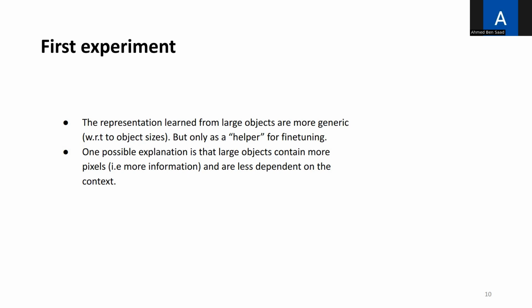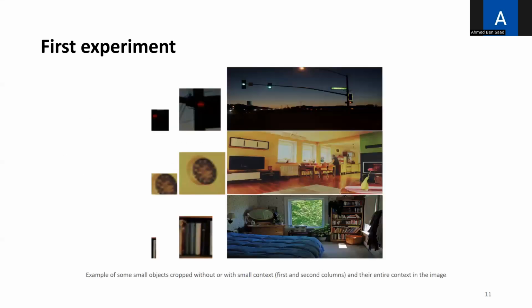We can do a quick visual experiment on this. If we take these three small objects, in the first row we take them without any context, in the second row with a small context, and then we see them in the whole image, in the entire context.